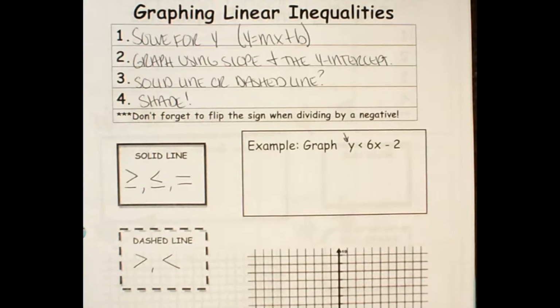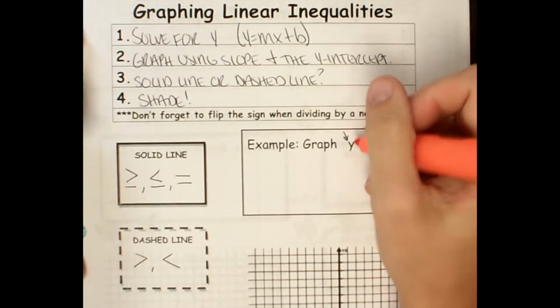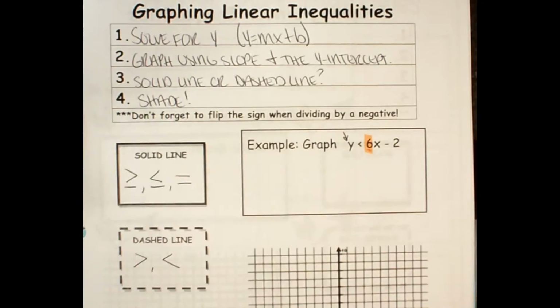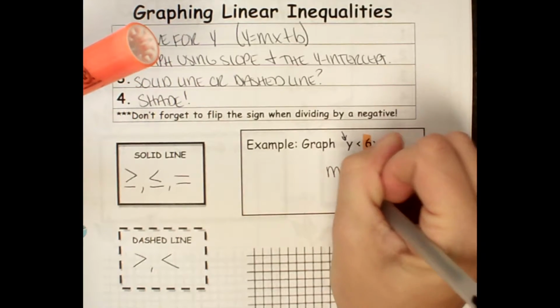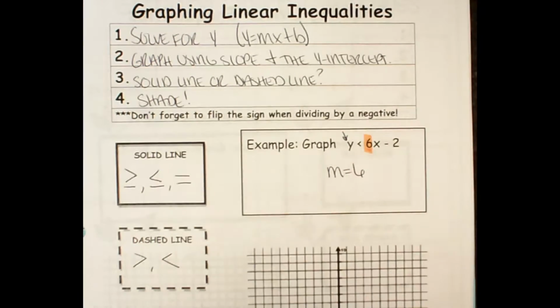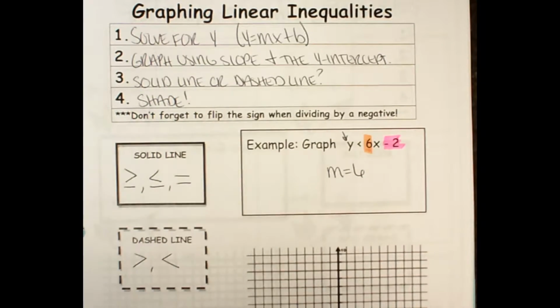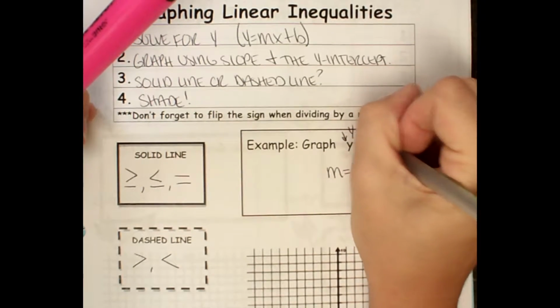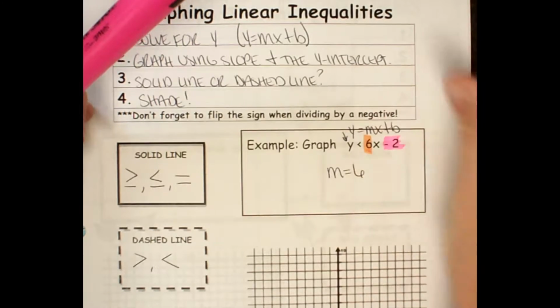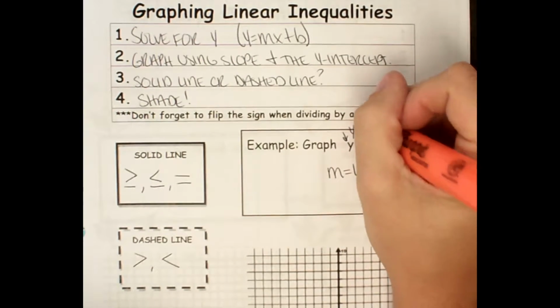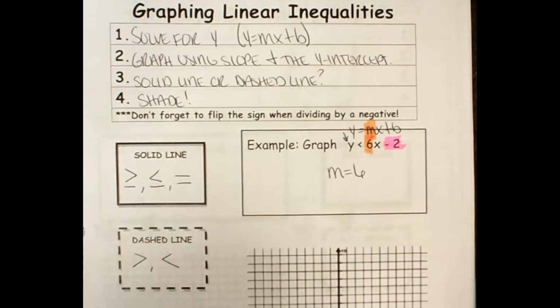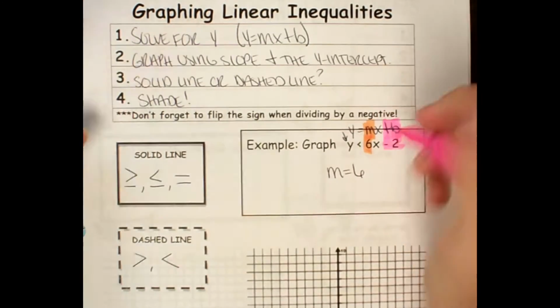So if you look, slope is the number in front of the x, so m is equal to 6. My y-intercept is b. Remember, it's y equals mx plus b. My slope is the number in front of the x. My b is at the end.